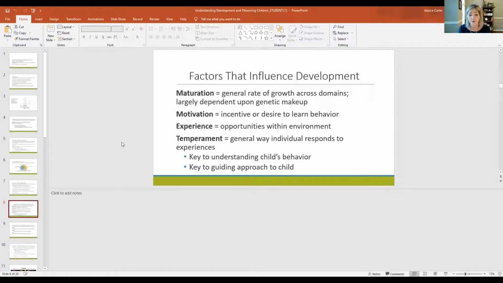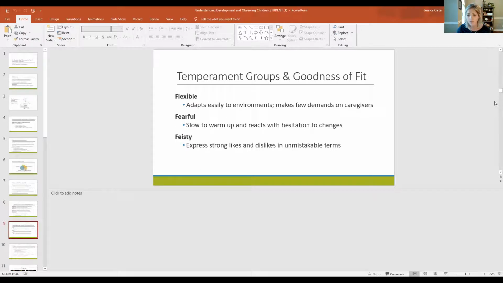Can they persist and persevere with a challenging activity, or do they get very frustrated and give up? You can see how all of these different facets of the child are going to be important to us as adults considering how we're going to work with that child.